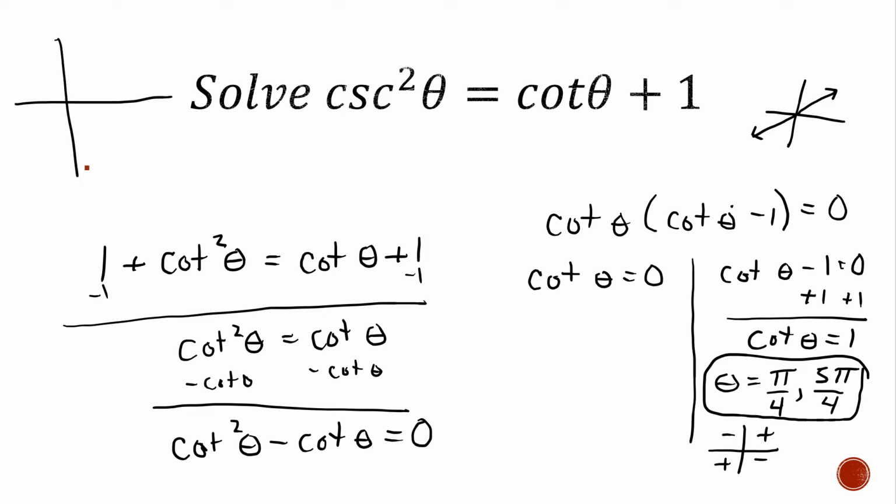Remember that you have an asymptote at pi, and also an asymptote at 2 pi. And then your graph sort of does this S shape in between.